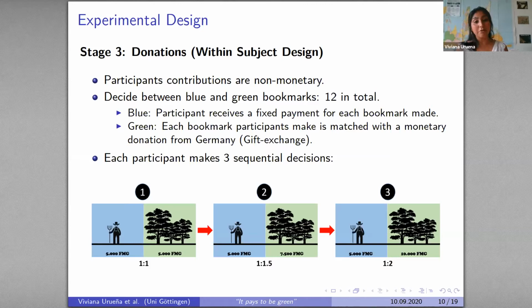In the second scenario, we keep constant the amount that the person can get with the blue bookmark, but we increase the value that the NGO can earn. So you see here that the ratio is increasing. And again, in the third scenario, we still keep constant the amount that the person can get with the blue bookmark, but for each green bookmark that the participant decides to make, the NGO can get 2 times the amount of the first scenario.